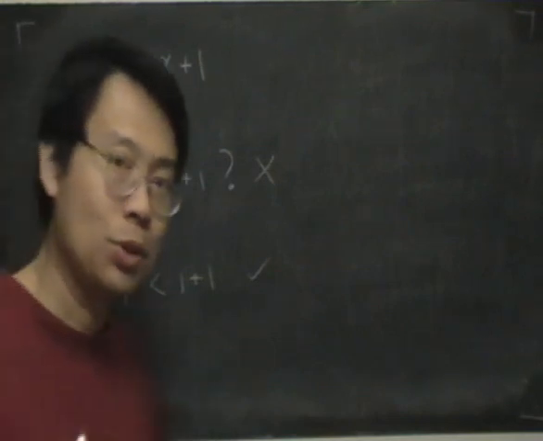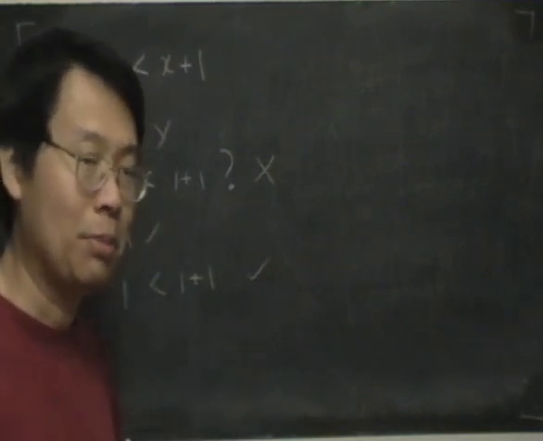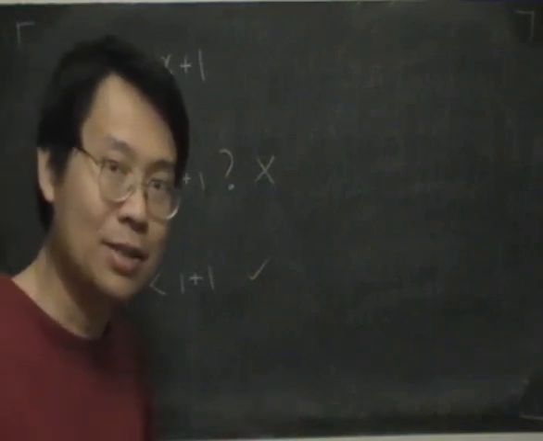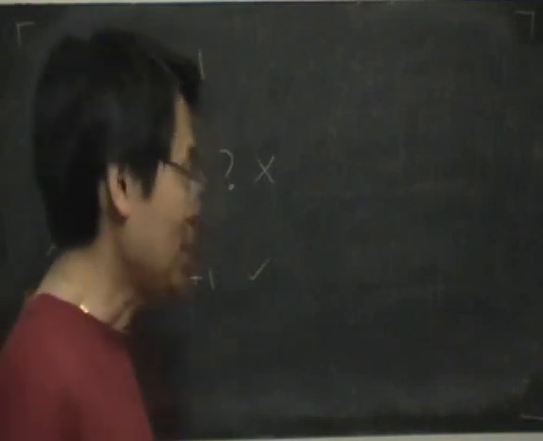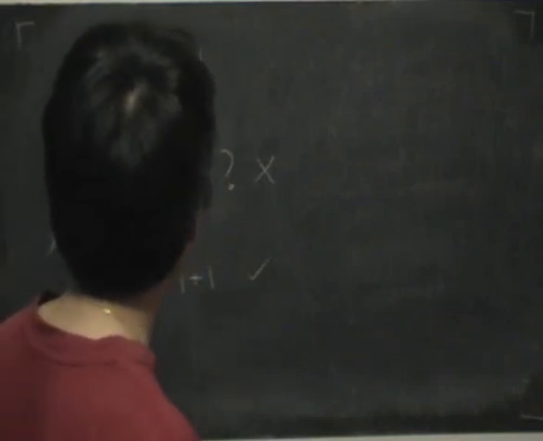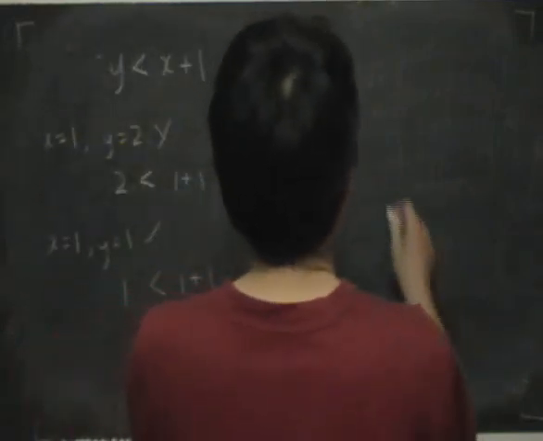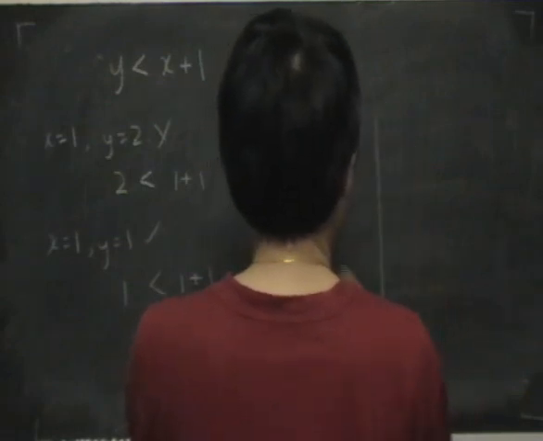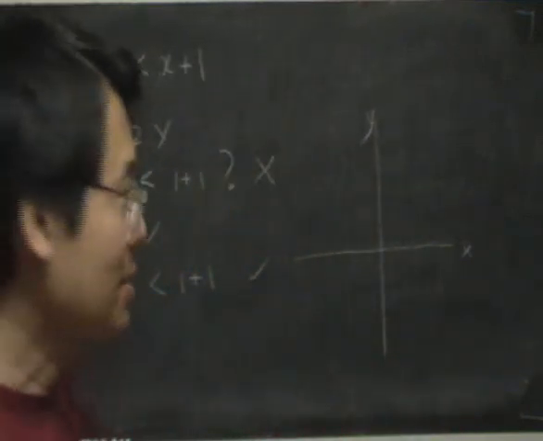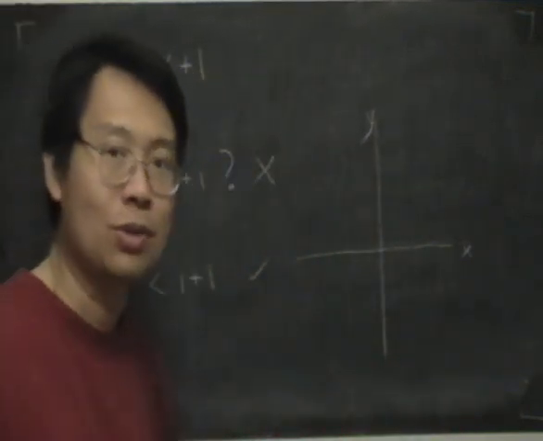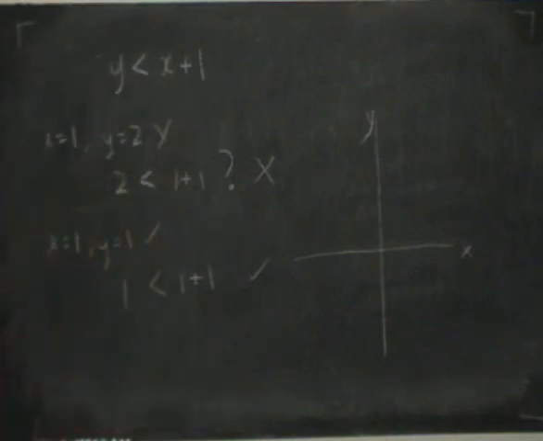Well, we use a graph. If you remember, a graph has two axes, x and y. So let's try that. I have a graph. How am I going to represent the possible values of that inequality on the graph?